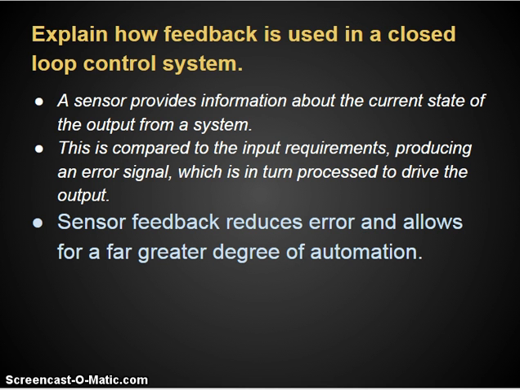The important thing to realize about the sensor feedback is that it reduces your error. The more accurate sensors you have feeding back into the control system, the more accurate your output is going to be.